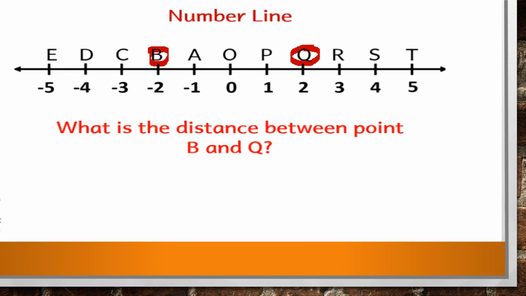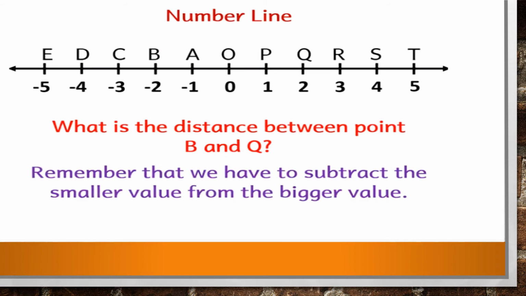I have already explained that on the left side of 0 numbers are smaller and on the right side they are bigger. So you know the values. Remember that we have to subtract the smaller value from the bigger value. Which is the bigger number? Q. What is the value of Q? 2. Okay, this is the bigger number.